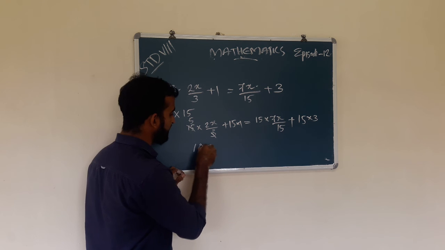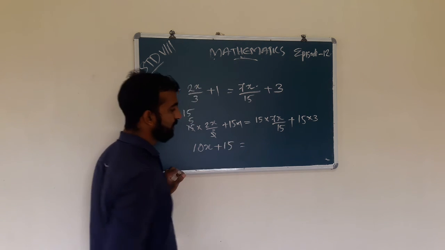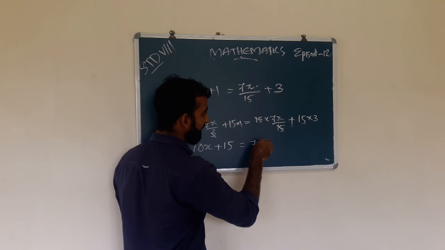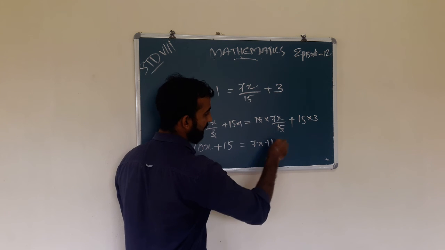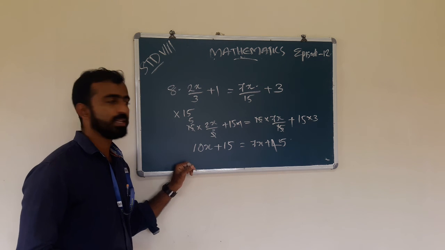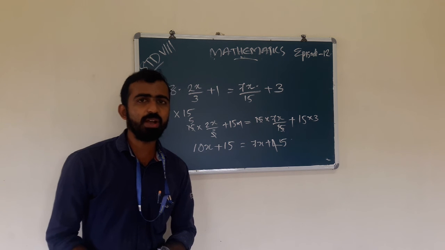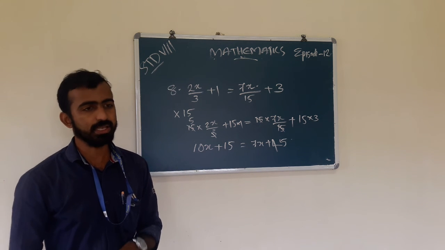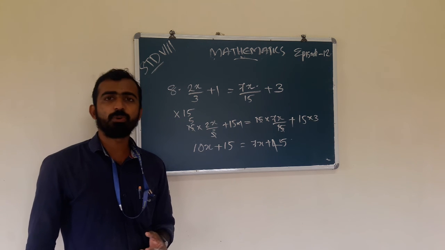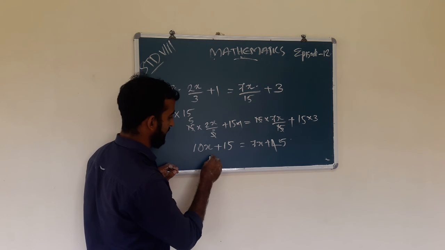That is 10x plus 15 equal to, here we simplify 15 and 15, then we get 7x plus 45. Is it? Yes. When we multiply 15 and 3, we get 45 as product. That is 10x plus 15 equal to 7x plus 45.